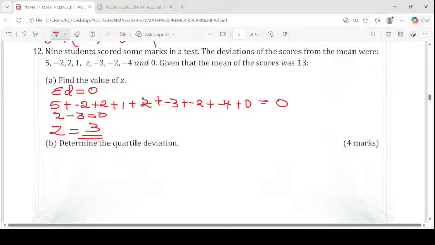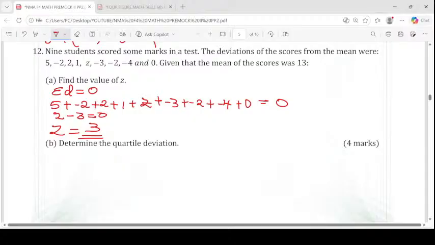After getting the value of z, I hope I've done it well. Let me confirm once again. Let me just do it manually. This and this cancel out. 5 plus negative 3 is negative 2. Let me confirm because here I can mess up. 5 plus negative 2 is 3, plus 2, plus 1, minus 3, minus 2, minus 4.